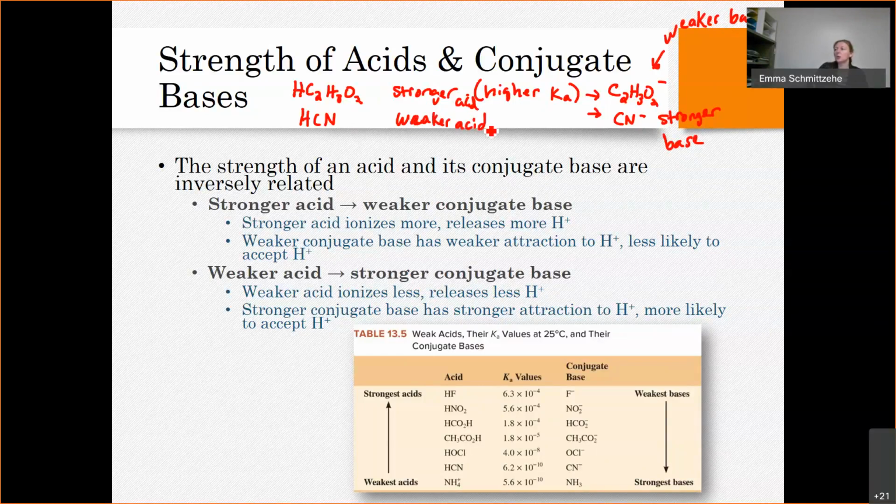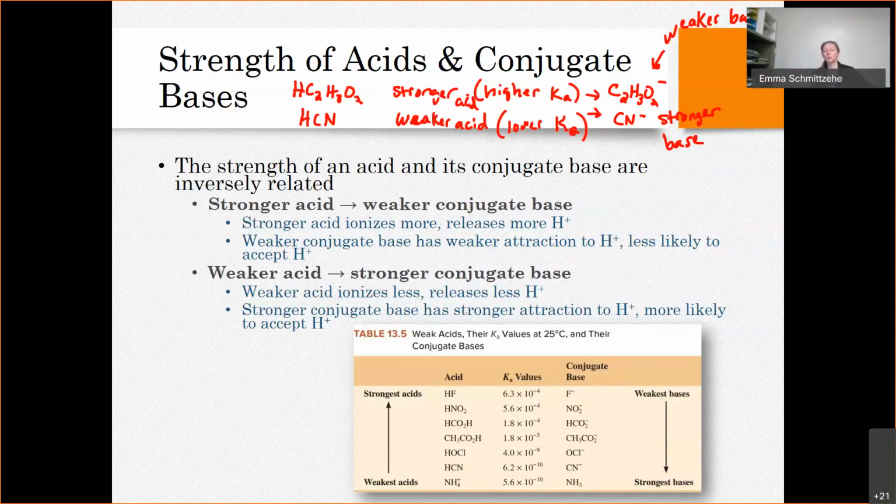Okay, so their conjugate relationship is opposite of the regular relationship. Okay, so if you have a stronger acid and a weaker acid, then their conjugate bases are going to have the opposite relationship.